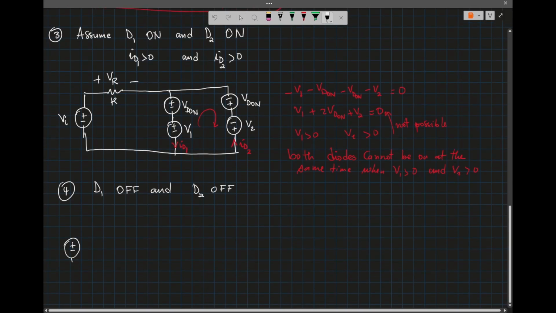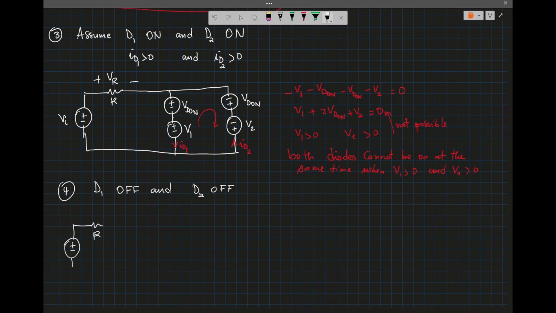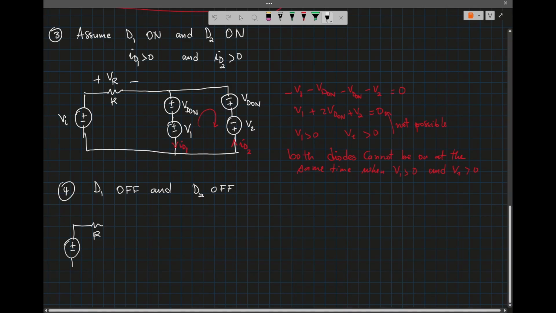We have this resistor there, and the diodes are all open.